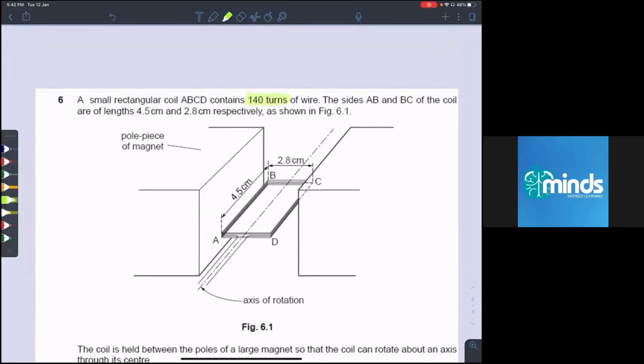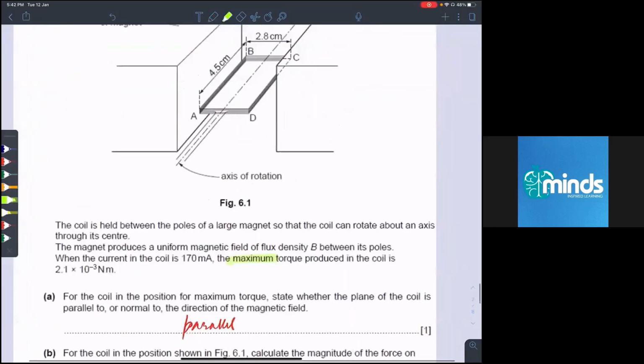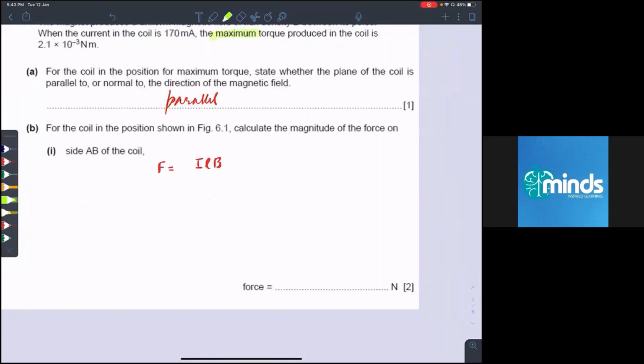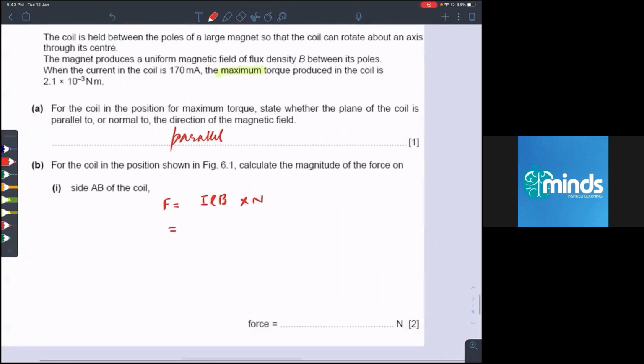So whatever answer you will get using ILB, it is for one turn only. So to get the total force, we need to multiply this value by N actually. So the value of current is 170 milliampere, means 170 exponent minus 3.